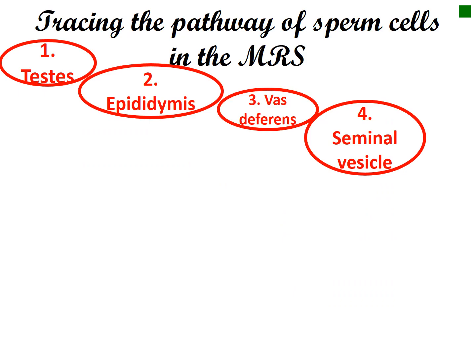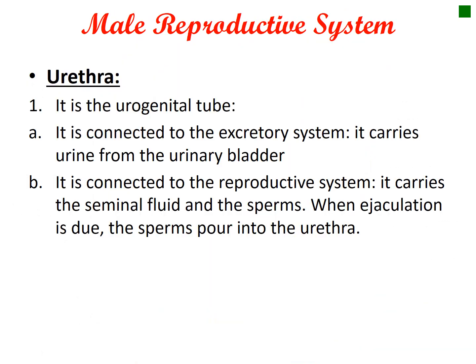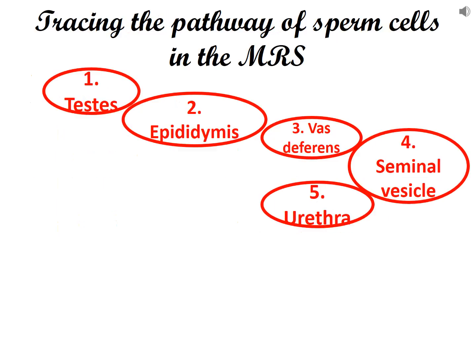The fourth checkpoint is the seminal vesicle. The fifth one is the urethra. It's the urogenital tube. It's connected to the excretory system, where it carries urine from the urinary bladder, and it's also connected to the reproductive system. It carries the seminal fluid and the sperms. During ejaculation, the sperms are poured into the urethra.